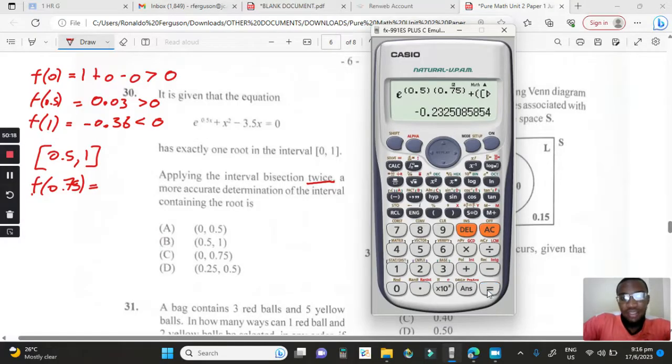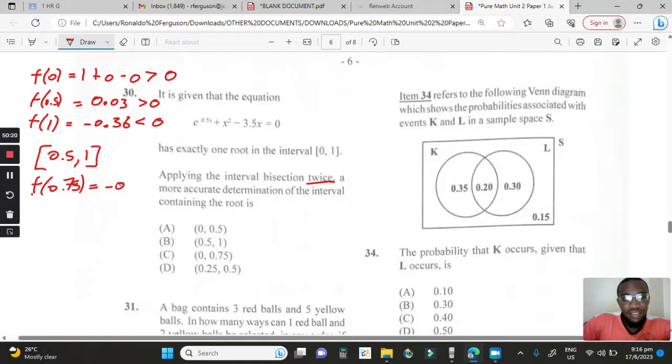And so that's negative 0.23, which is less than 0. So the root lies between the positive and the negative, that is 0.5 and 0.75. That's where the root lies, 0.5 and 0.75.